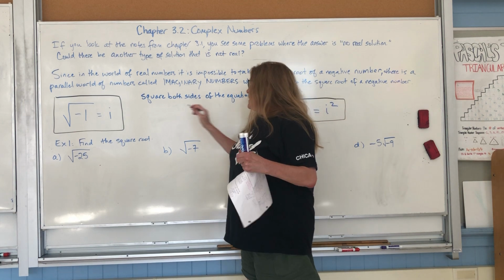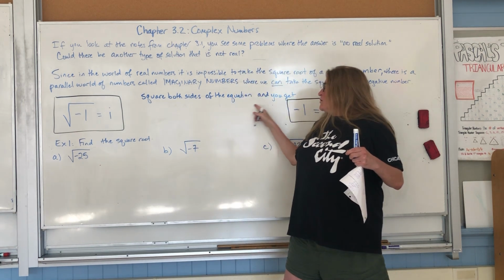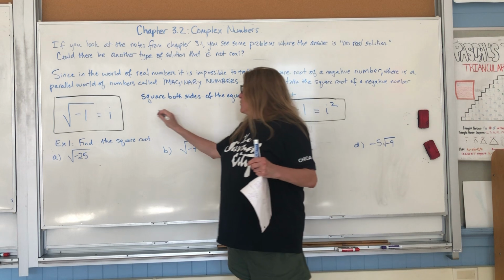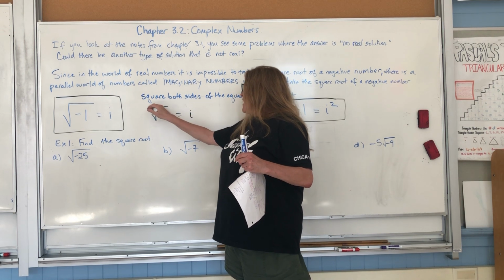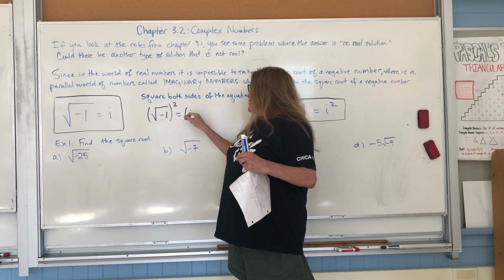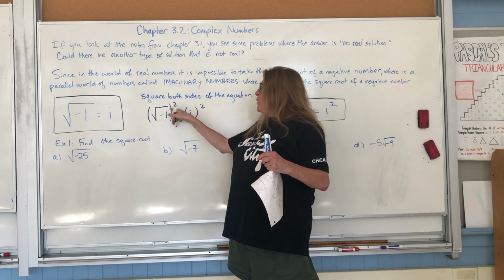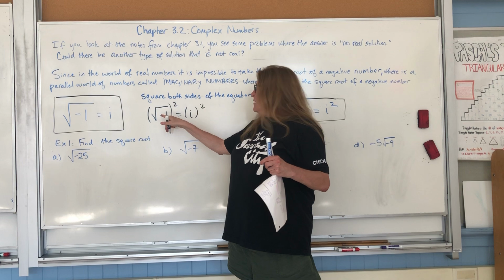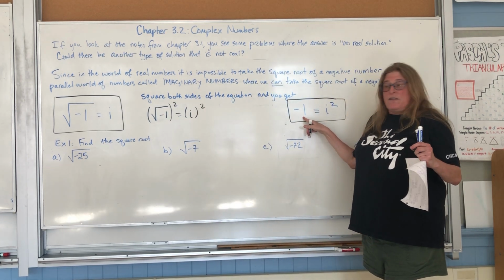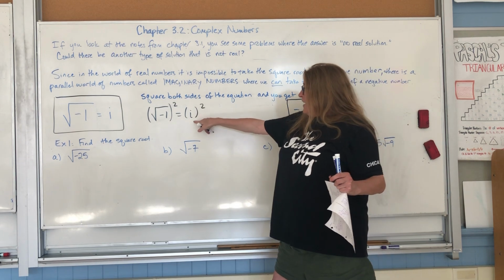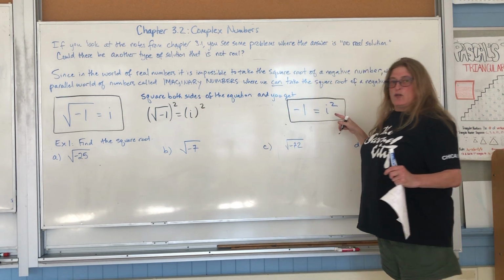So what I can do in the imaginary world and the real world is square both sides of the equation. So if I square both sides, well, let's think about it. What happens if I square something that's square rooted? Well, it just turns to the number itself. And if I square i, I get i squared.